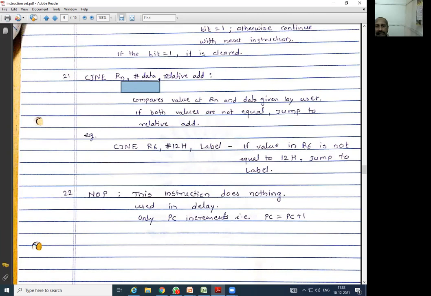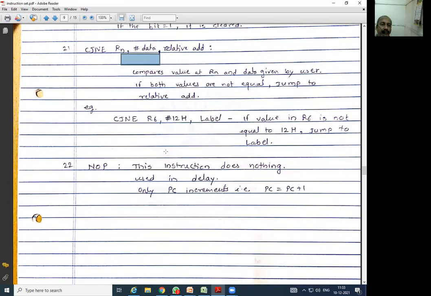So if the value in R6 is not equal to 12H, म्हणजे ह्या R6 मध्ये जी व्हॅल्यू आहे ती जर 12H नसेल, म्हणजे दोन्ही मॅच नाही आहेत, तर jump to the label. So again, label is some other address location where the control is going to be transferred. Got it? So this is the CJNE.